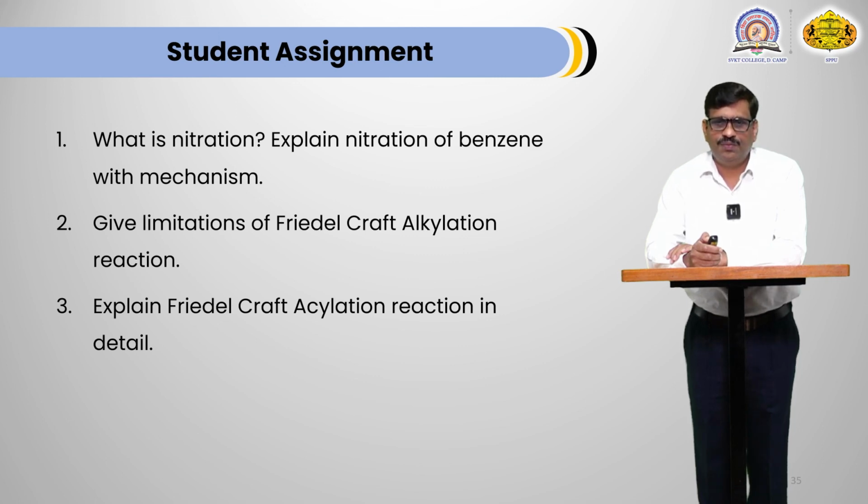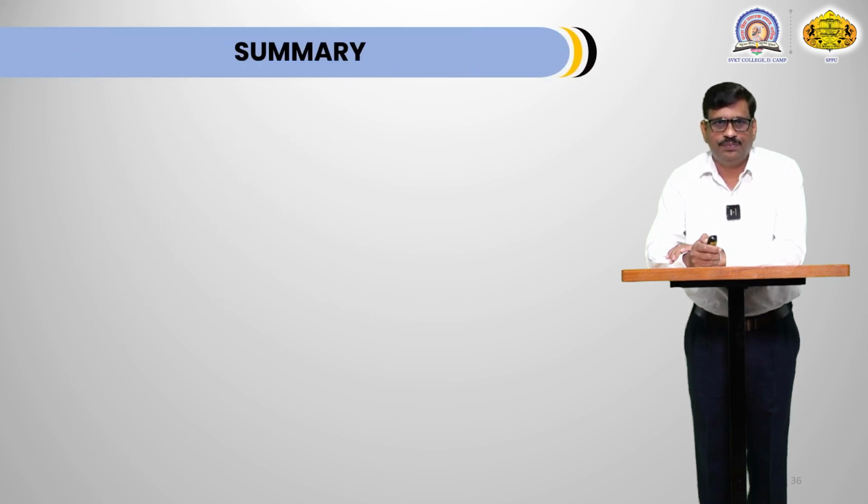Second, give limitations of Friedel-Crafts alkylation reaction, that is polyalkylation and rearrangement reaction. These are two basic limitations of Friedel-Crafts alkylation reaction. Third, explain Friedel-Crafts acylation reaction in detail. Friedel-Crafts acylation reaction is the reaction of benzene with acyl chloride. You have to discuss all those things and send it to my Google Classroom.